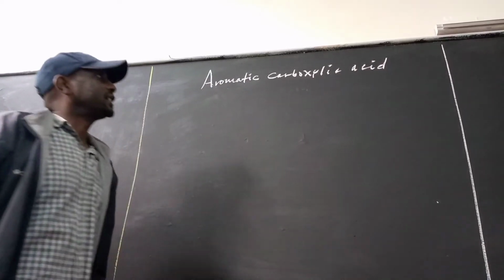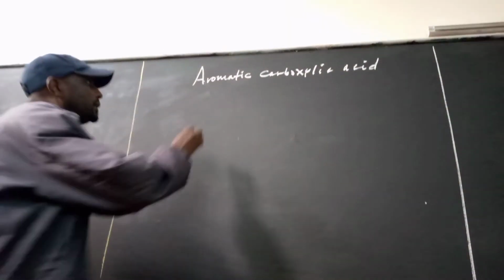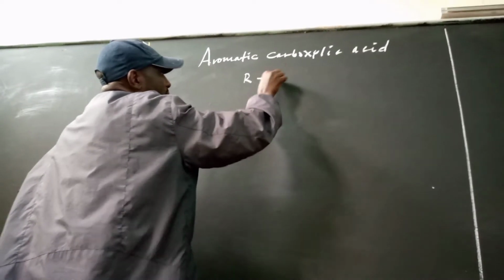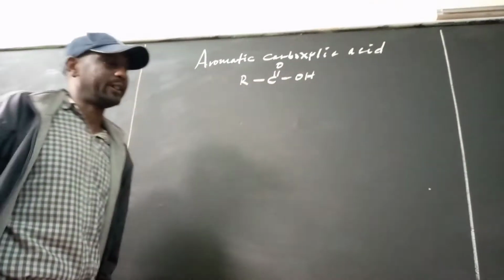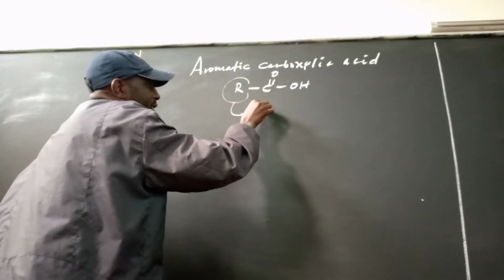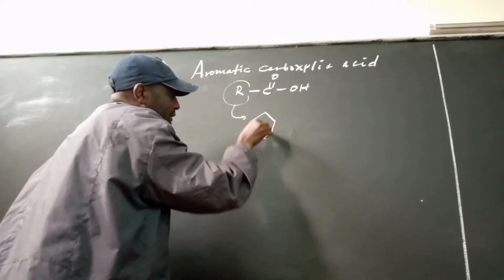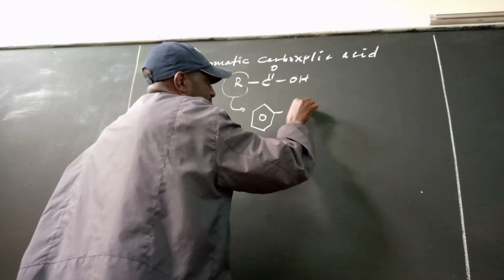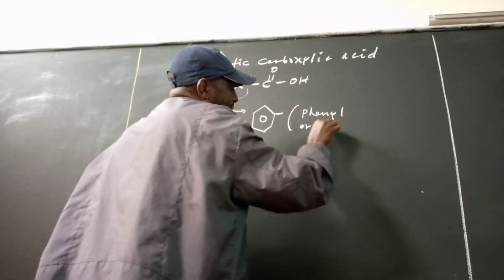Aromatic carboxylic acid is derived from the normal structure for the acid, as I told you last time. When this R is substituted by phenyl, this phenyl is known as phenyl or arene.